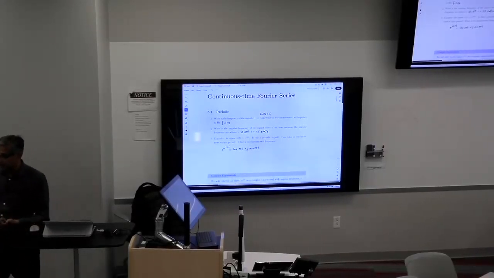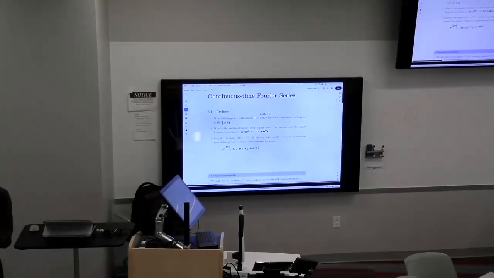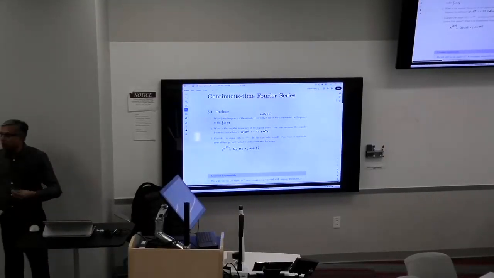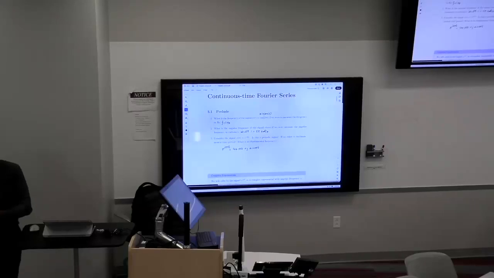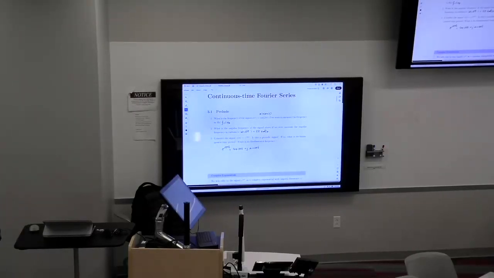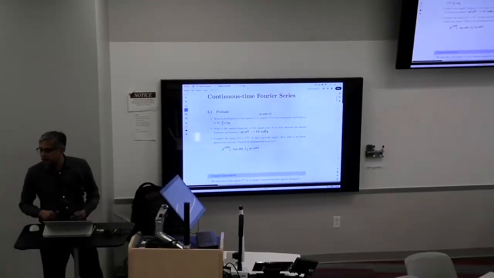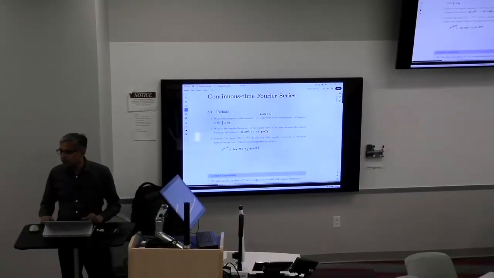They are periodic with the time period of 1, right? 1 over f, and f was 1 hertz. So e to the j 2 pi t is also periodic with the same time period. So we can talk about the frequency of e to the j 2 pi t, right? And we would say that the frequency of e to the j 2 pi t is 1 hertz or 2 pi radians. That makes sense?